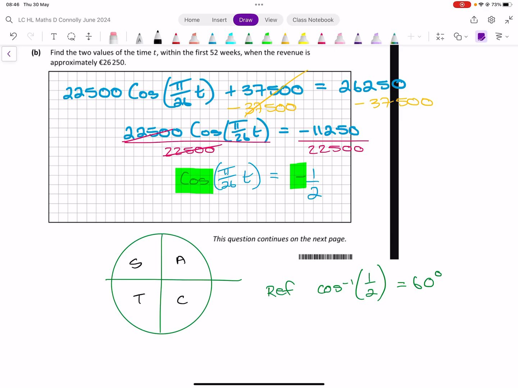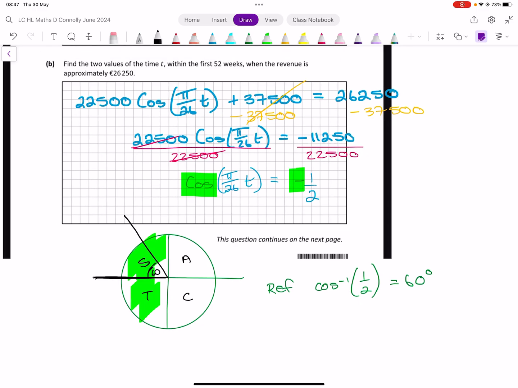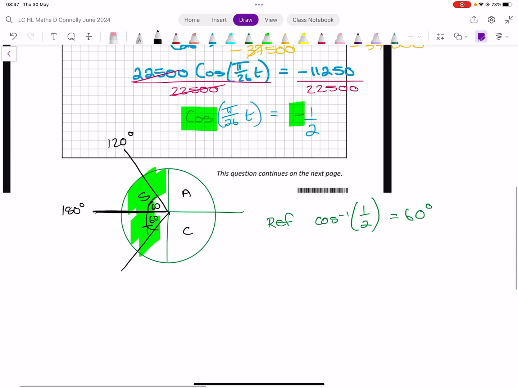So we start from here and we go 60 degrees up like that, and we go 60 degrees down like that. This is 180. So 60 degrees before 180 is 120 degrees, and 60 degrees after 180 is 240 degrees.